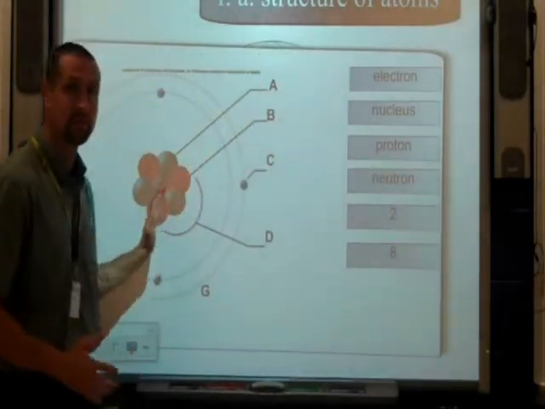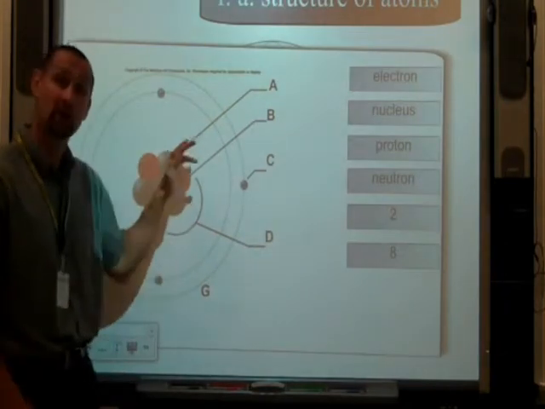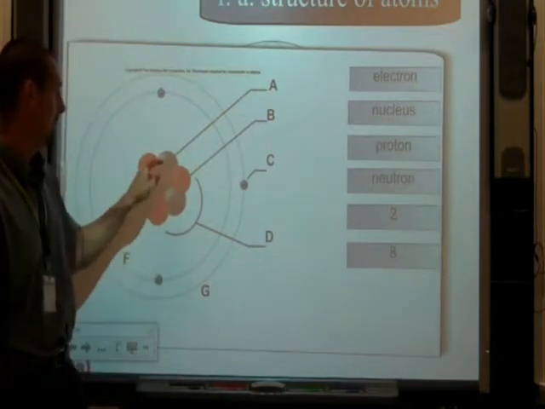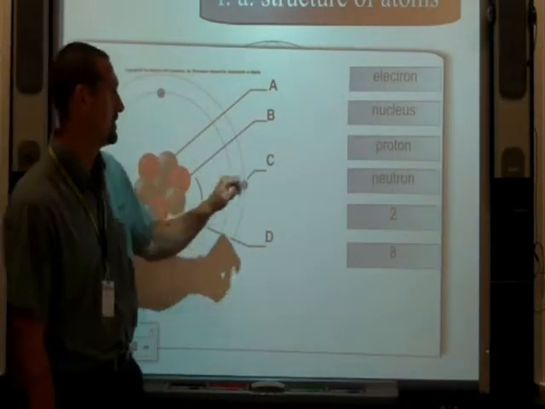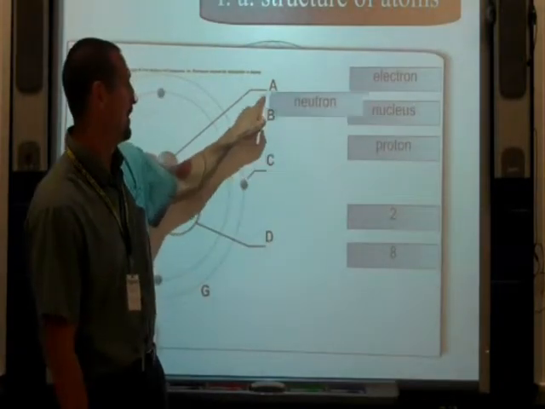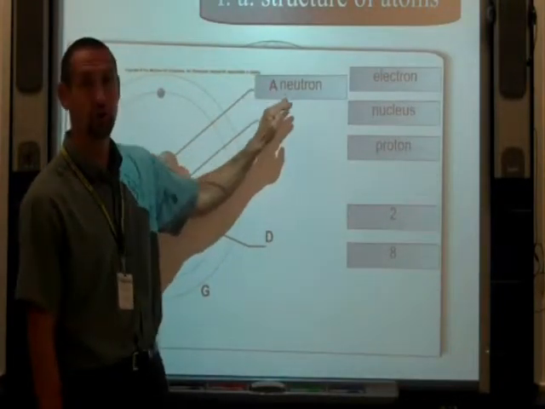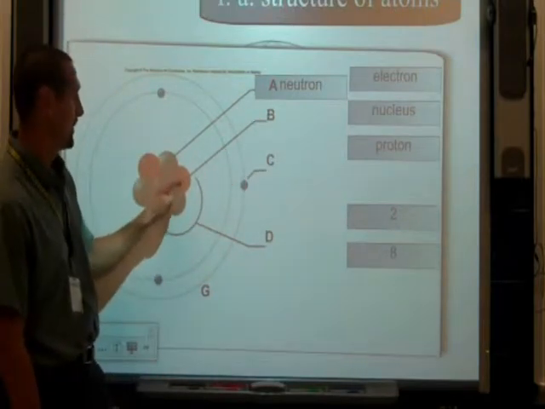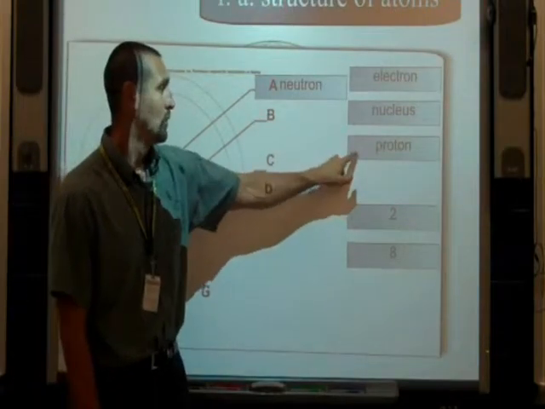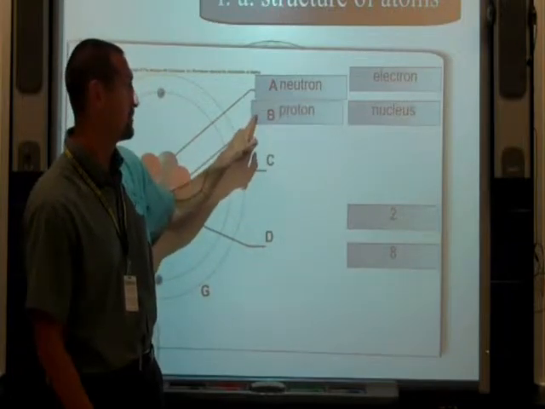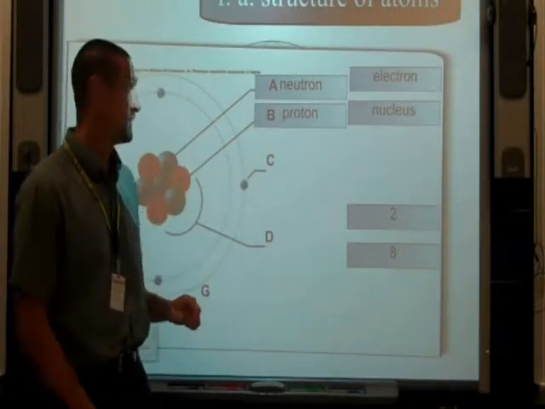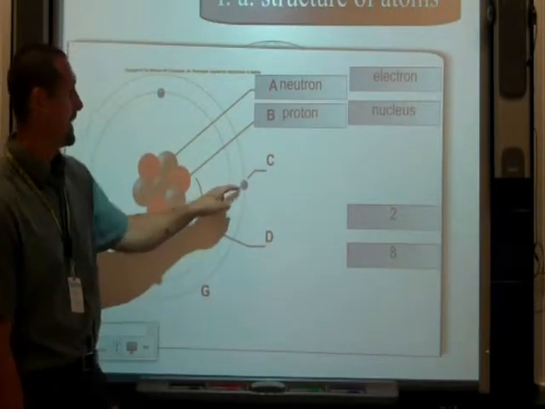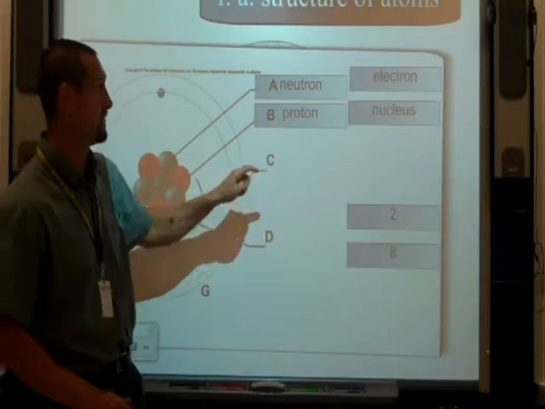So let's take a look at some of these subatomic parts, and let's see if we can identify them. Here's a part that has no charge. That's called a neutron. Neutrons have no charge. Here's a particle that does have a charge. We'll call that a proton. Proton, positively charged. Here's a particle that has a negative charge.